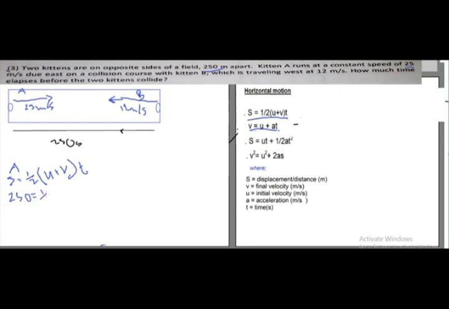It's equal to 1 on 2, the initial velocity is 0 because they start from rest. Initially they don't have a velocity. So it's 0 plus the final velocity, 25 meters per second, and the time is t. Time is unknown.